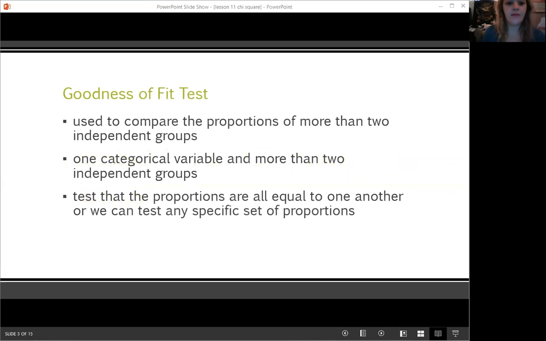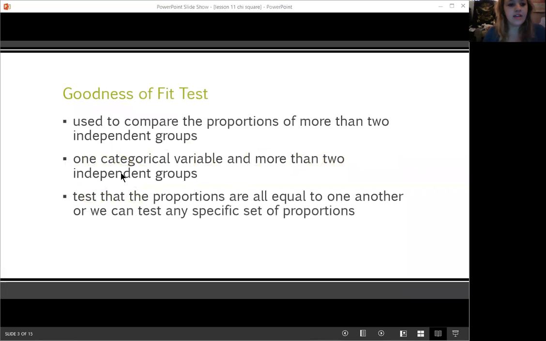The whole idea of a goodness of fit test is to decide if we're comparing groups that are independent and their proportions, so categorical. We're comparing one categorical variable and more than two independent groups. Within that categorical variable, that overall category, we have different groups, and we're comparing them to see how they relate to each other.